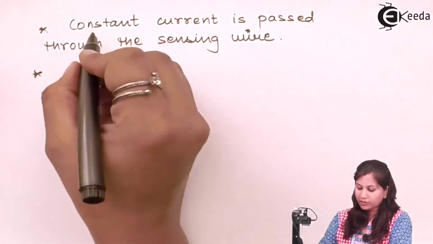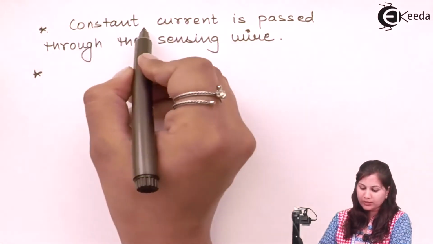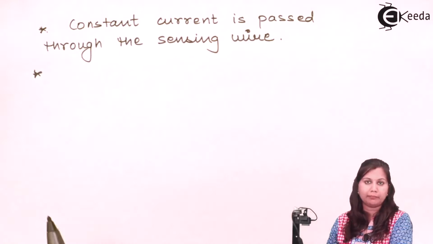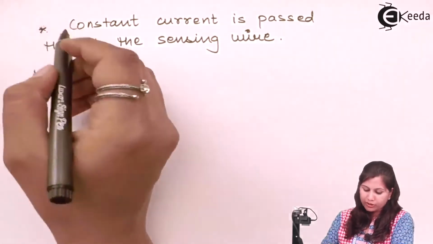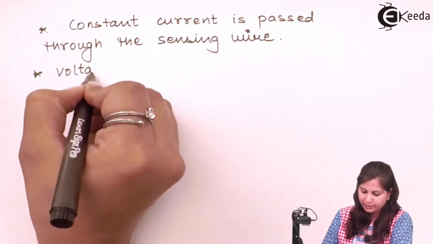First of all, a constant current is passed through the sensing wire. Now this constant current is passed with the help of the bridge circuit. Constant current is flowing, it means that the voltage across the bridge circuit is constant.